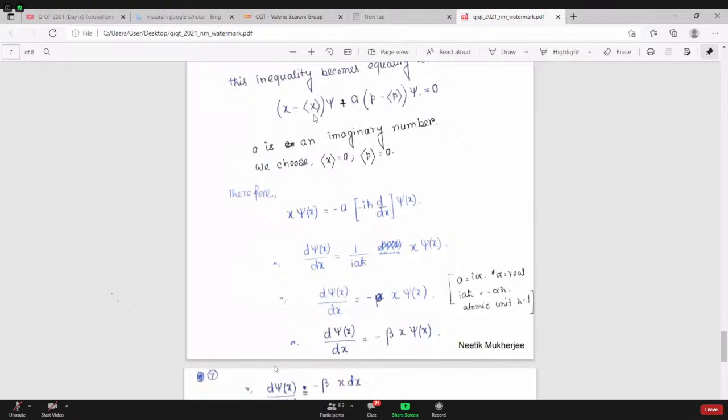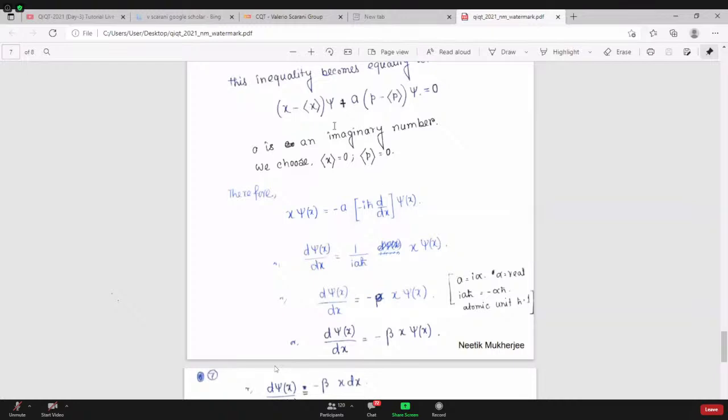So you can choose both of these numbers as 0. So basically we are taking x and p symmetric about 0? Yeah, that means average x is 0 and average p is 0.